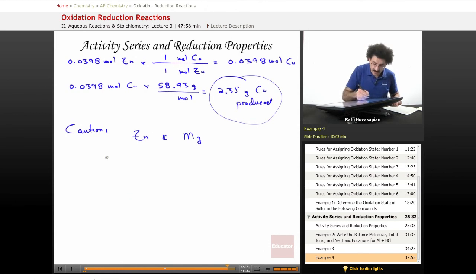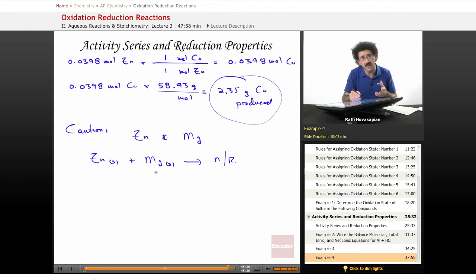If I take zinc metal, solid, and if I mix it with magnesium metal, there's going to be no reaction. And the reason there's no reaction is, well, zinc has the electrons it wants, magnesium has the electrons it wants, they're neutral. There's no real desire for electrons at this point. Metals generally tend to want to give up electrons instead of taking them. There's nothing going to happen here. There is no oxidation reduction.